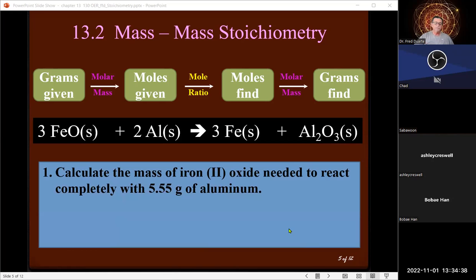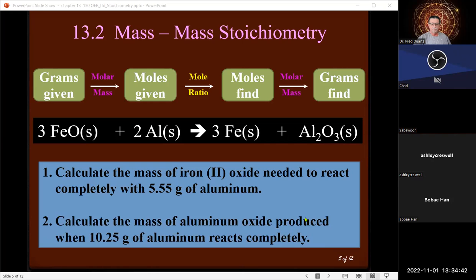All right, so here, the question is a two-part question. I'll go ahead and put them both out there, and on the next page we'll break them up again. What you're asked to do here is to calculate the mass of iron 2 oxide needed to react completely with 5.55 grams of aluminum.